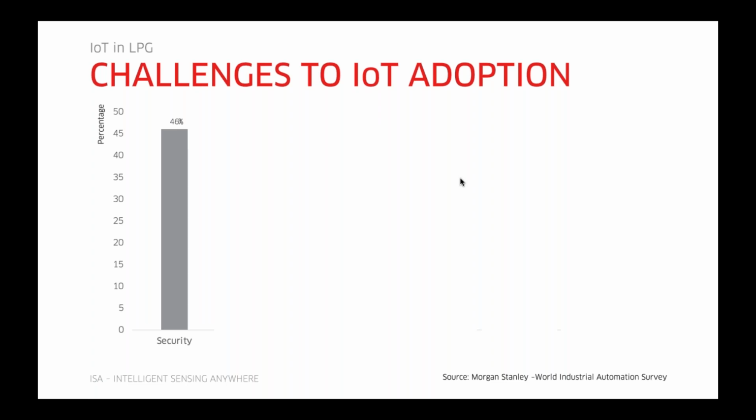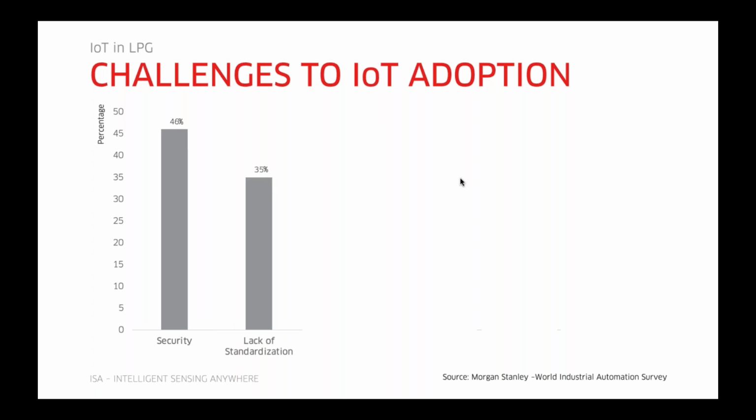For sure, this is concern number one. But more and more, the IoT community, so to speak, is being very sensitive to this topic, and new protocols and standards are rising regarding security.